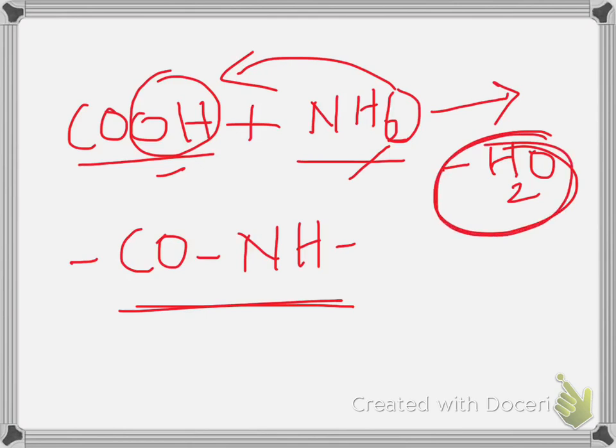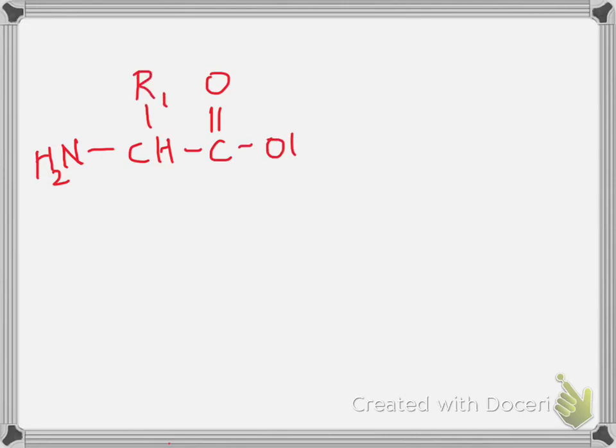Let us see how this peptide bond is formed between two amino acids. The first amino acid: NH2, CH R1, C double bond O, OH.